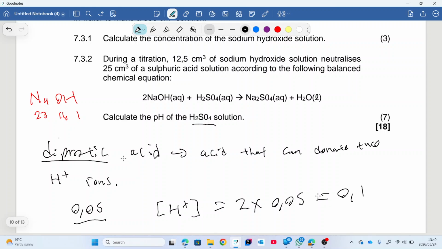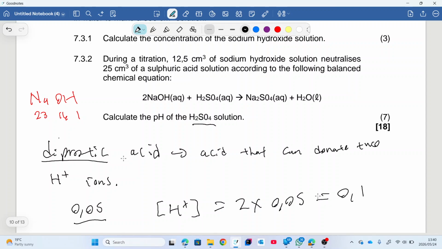Almost. Okay, I will repeat. A diprotic acid in a solution donates 2 hydrogen atoms. Right?